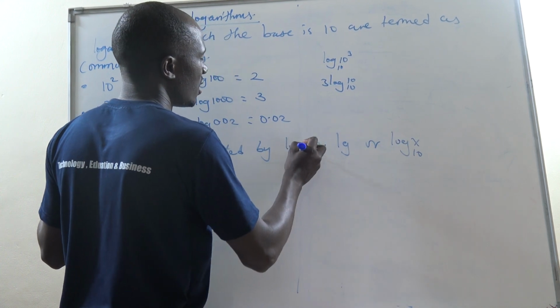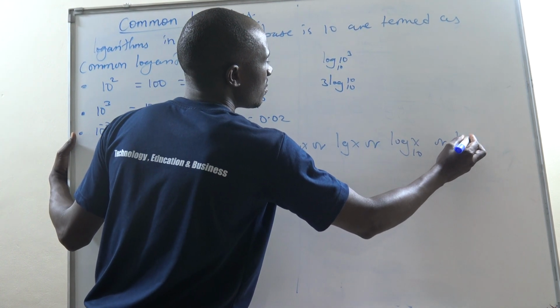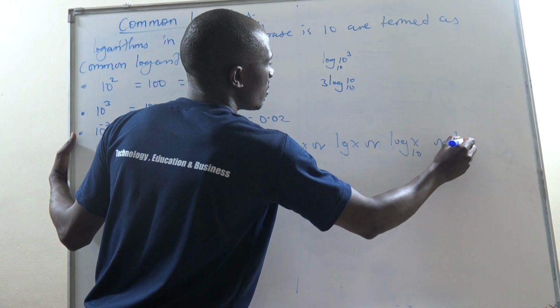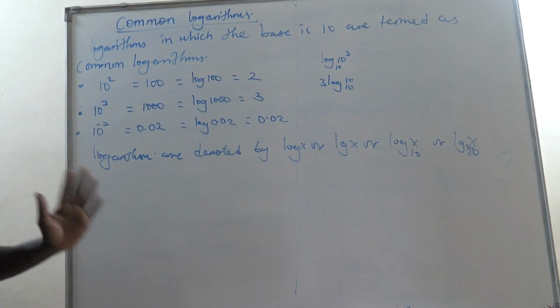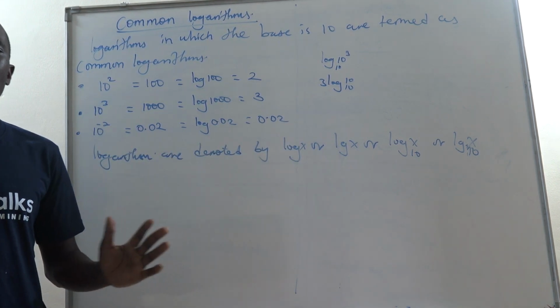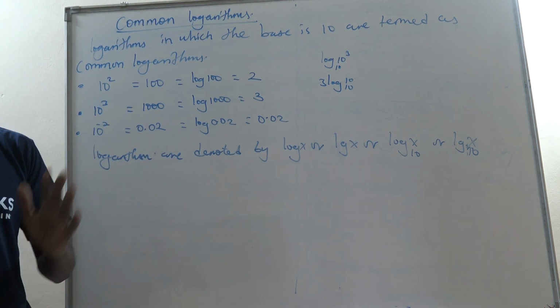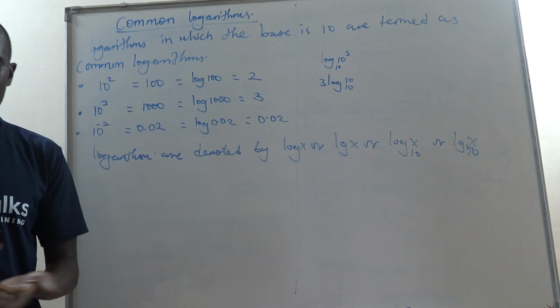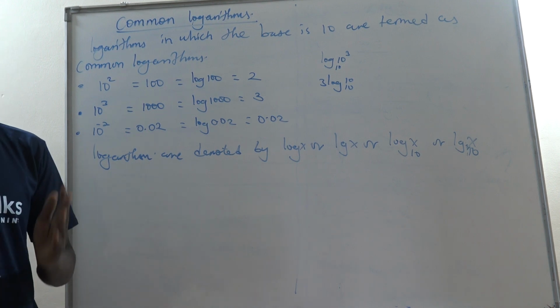Or you say log base 10. All of them are the same. If they don't put the base, just know that the base is already 10. But if you don't do that, then you will not have achieved what is required from you.